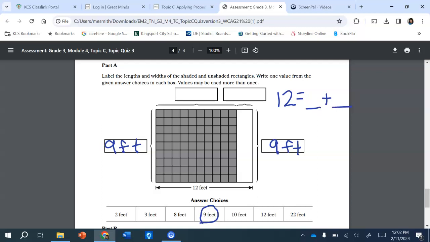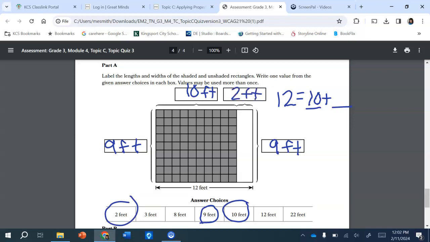The tiled gray part is the first something. 1, 2, 3, 4, 5, 6, 7, 8, 9, 10. The first shaded section is 10 feet. And then I have to think about 10 plus what would make 12? 10 plus 2 more feet would make 12.